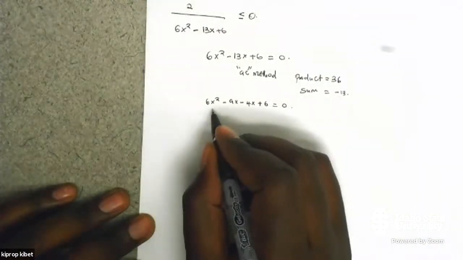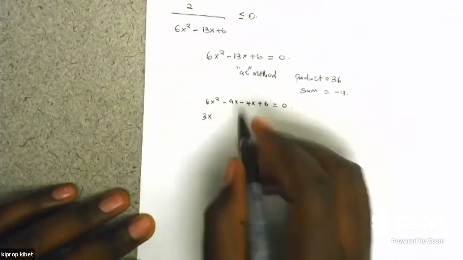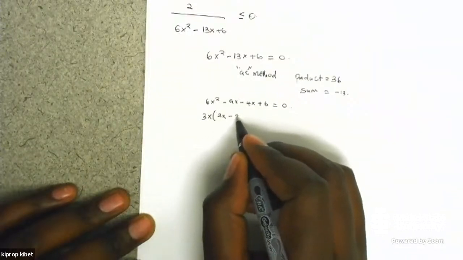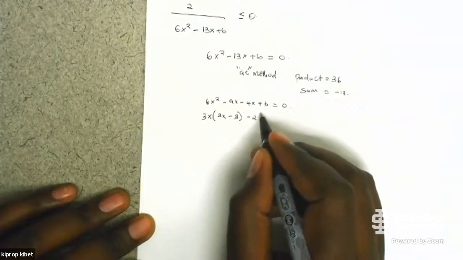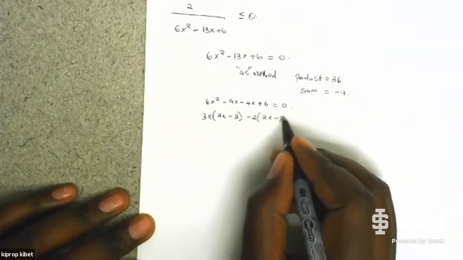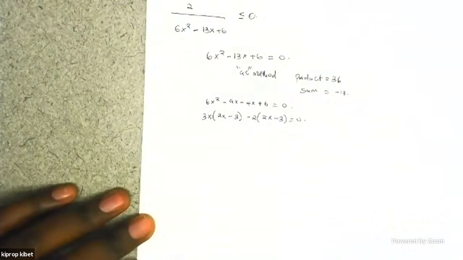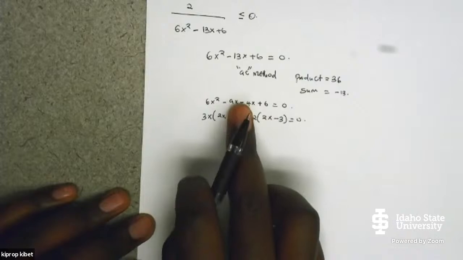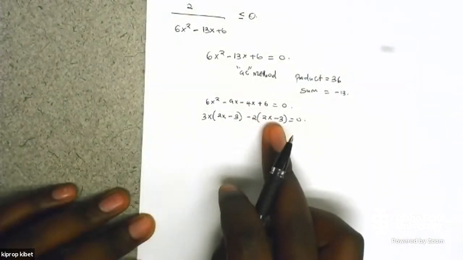So we factor out here 3x. We have 2x minus 3, minus 2. 2x minus 3 equals to 0. Since this one is minus, the inside one should be minus.